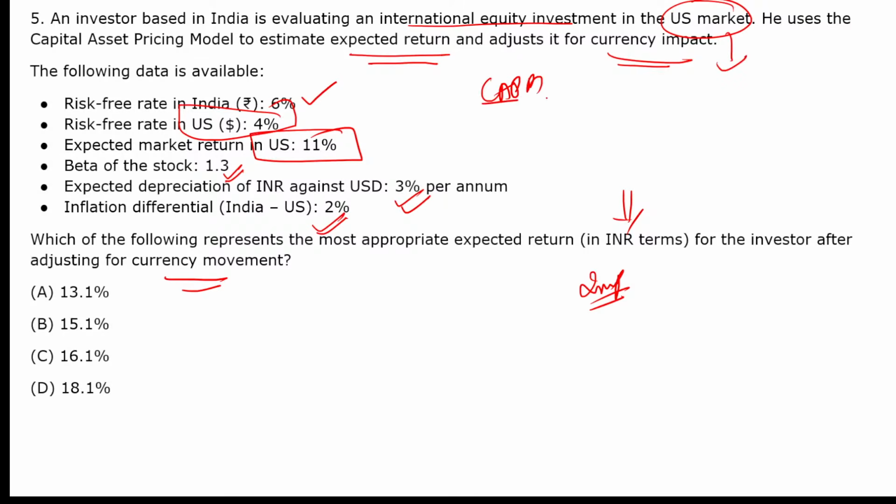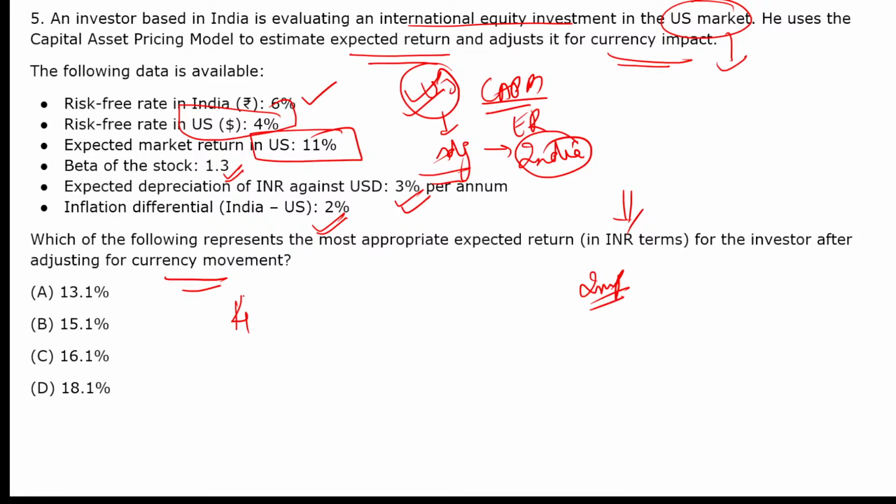Apply the CAPM and find out the expected return. First you do it for US, then adjust it and get it for India. Calculate it for US, and after adjustment you will get INR. Right? So let's find out.